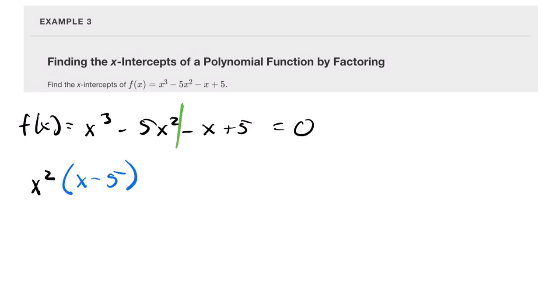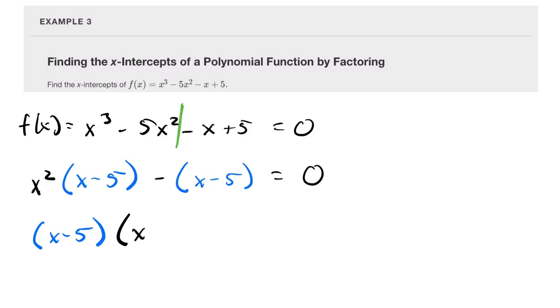In the second 2, I want to factor out a -1, and the goal is that common binomial factor. They have that same blue part, right? So now we can factor out the common binomial factor, x minus 5, from both terms, and we're left with x squared minus 1.